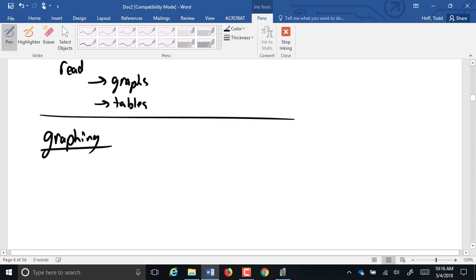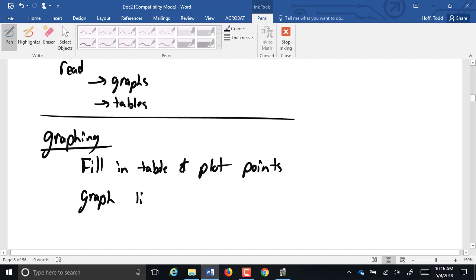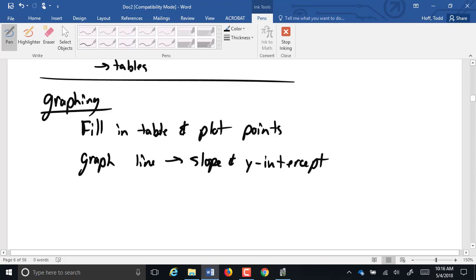On graphing, you'll need to be able to fill in a table and plot points. You'll need to be able to graph a line using the slope and the y-intercept. You'll need to be able to find the slope of a line.